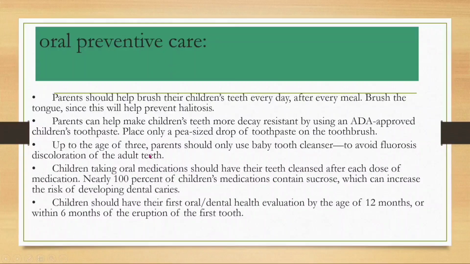And up to age 3, parents should only use baby tooth cleanser to avoid fluorosis discoloration of the adult teeth. Children taking any oral medication should have their teeth cleaned after each dose of medication, because most medications contain sucrose, which increases the risk of developing dental caries. And children should have their first oral health evaluation by the age of 12 months and or within 6 months of the eruption of the first tooth.